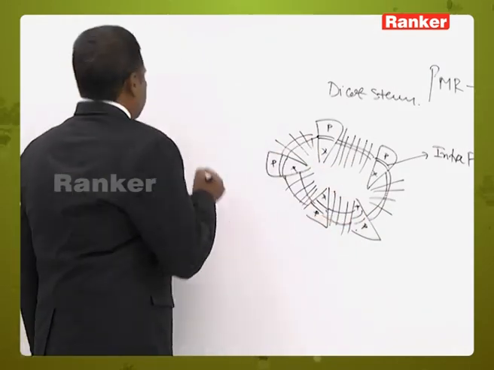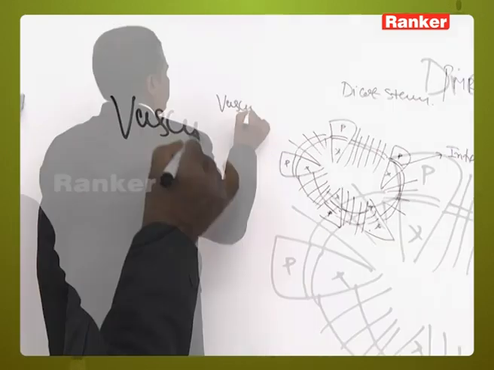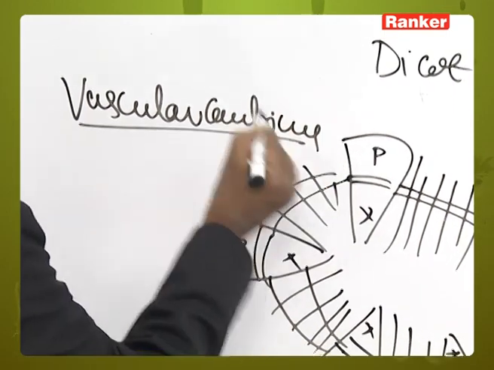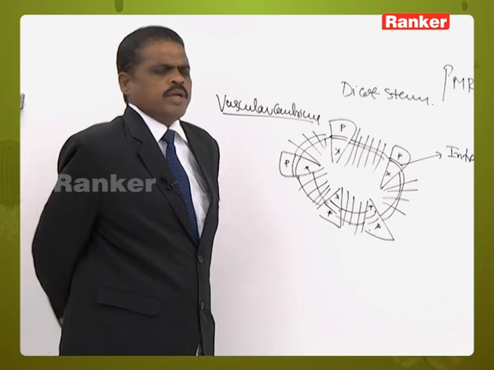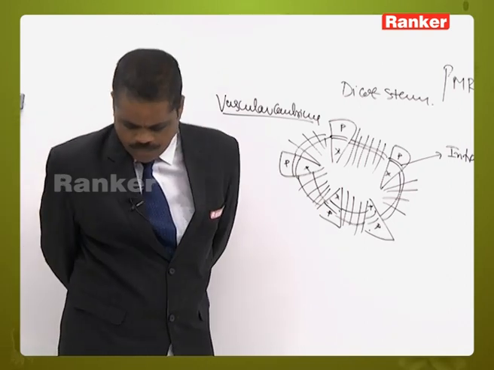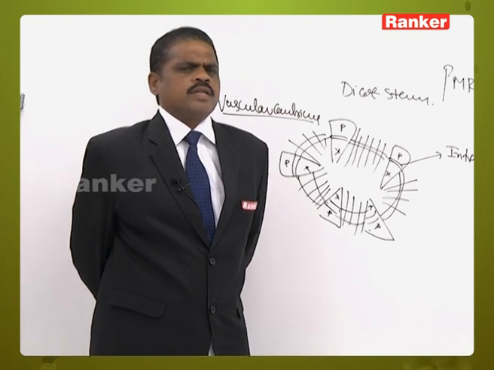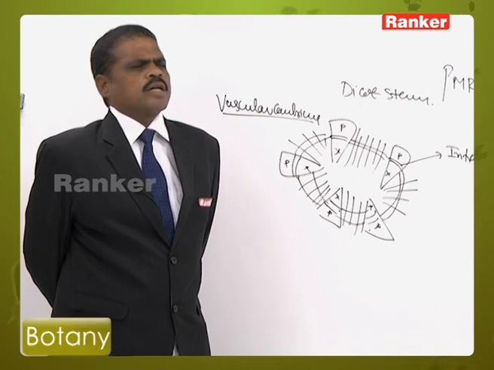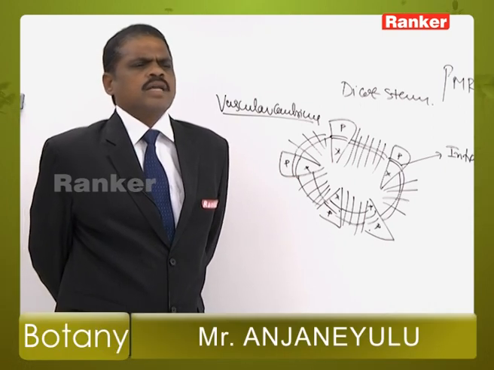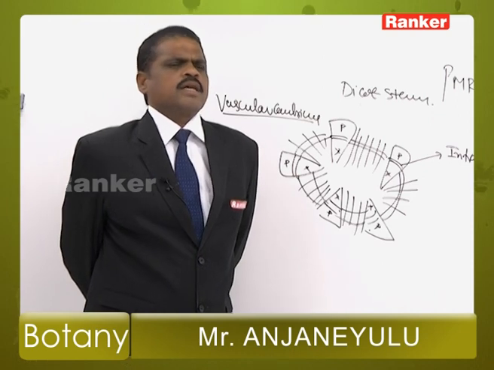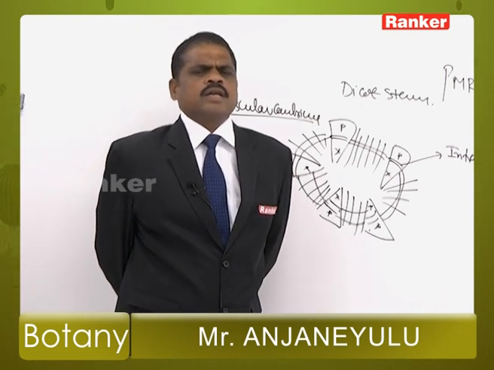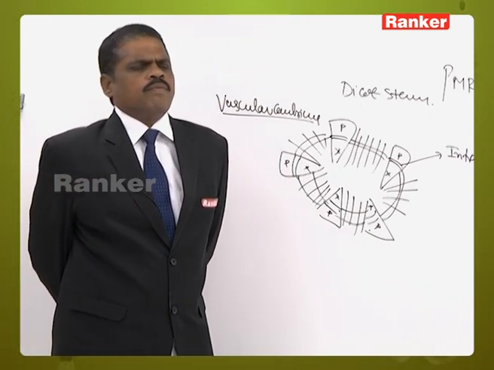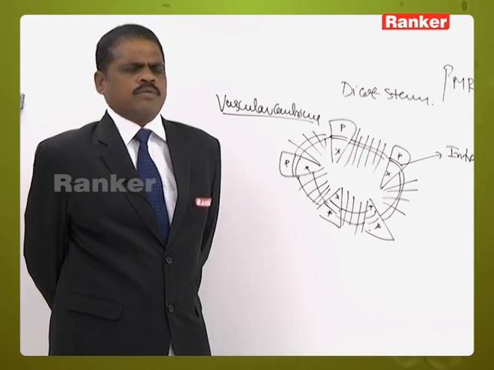That ring is called vascular cambium. Vascular cambium is formed by the fusion of intrafascicular cambium and interfascicular cambium. Vascular cambium is responsible for intrastelar secondary growth.